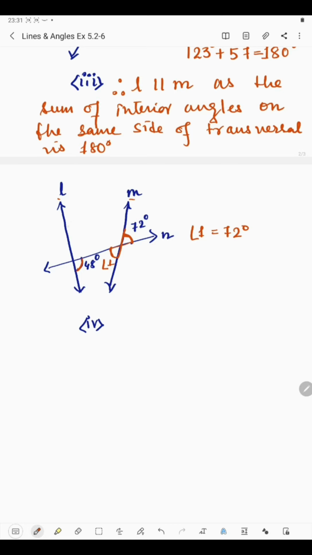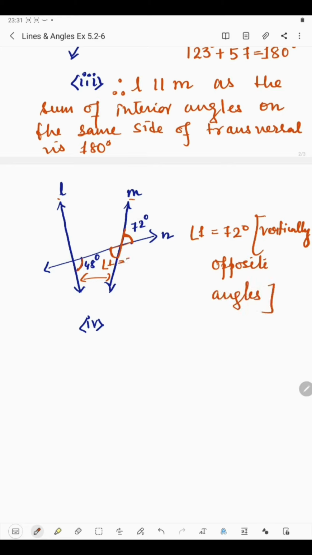Okay, and by seeing this figure also we can understand that these are not parallel as the distance between these two lines is not equal. But we need to verify it, so we will have to do it this way. So angle 1 we have got 72 degrees, which is a vertically opposite angle. So we will write the reason here: vertically opposite angles.